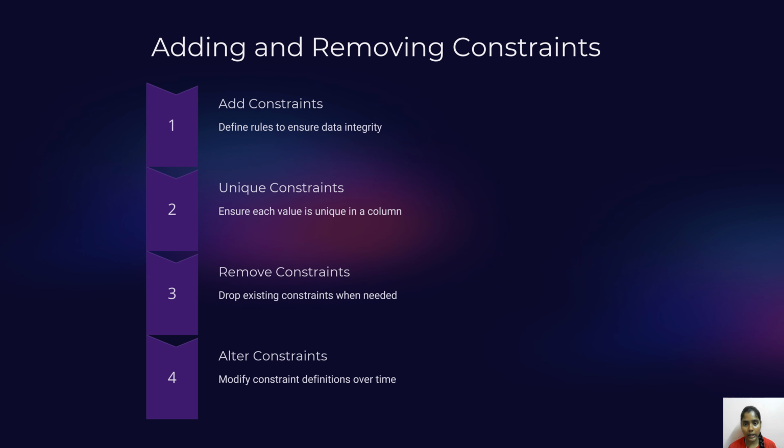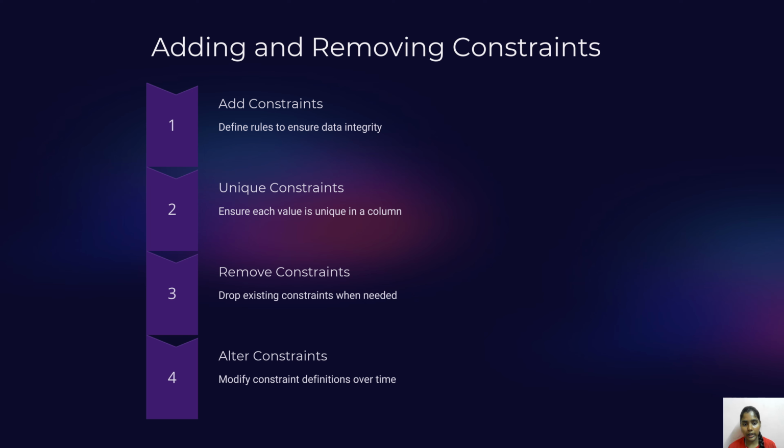And the next one is adding and removing constraints. In that, there are four. The first one is add constraints, the second one is unique constraints, the third one is remove constraints, and the fourth one is alter constraints. Let us know about the definition of add constraints: defining rules to ensure data integrity.